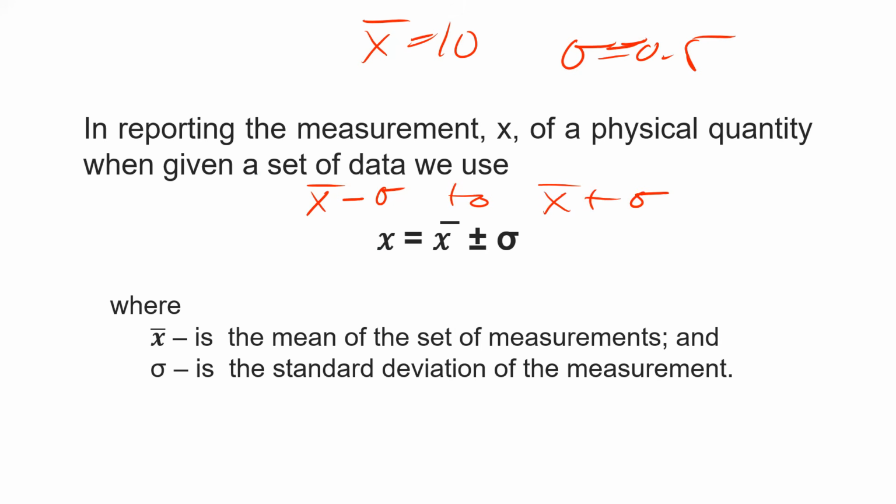So 10 minus 0.5 is 9.5, and then 10 plus 0.5 is 10.5. So meaning that the true value or your actual value is found between 9.5 to 10.5. So yun yung ibig sabihin natin dito.